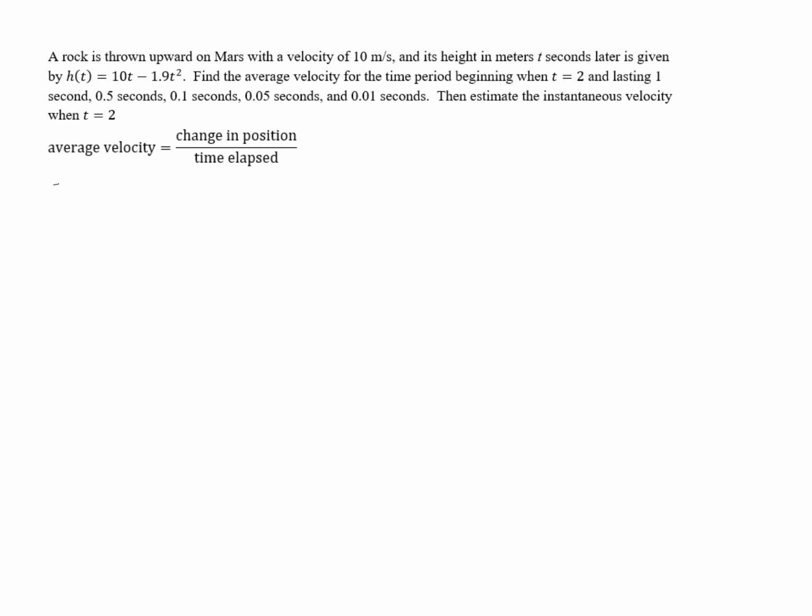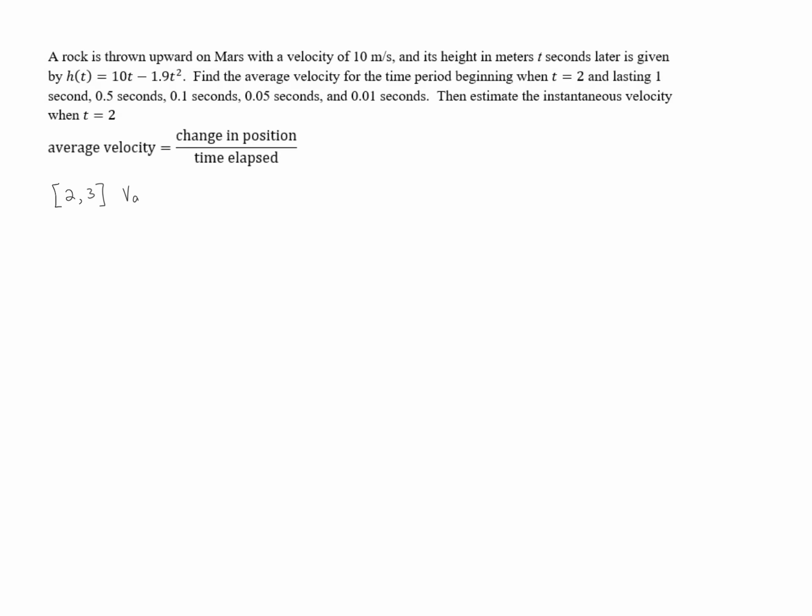We were asked to start at t equals 2 and look at a time period lasting 1 second. At least that's our first one. If it lasts 1 second, that means we're going from 2 seconds to 3 seconds.